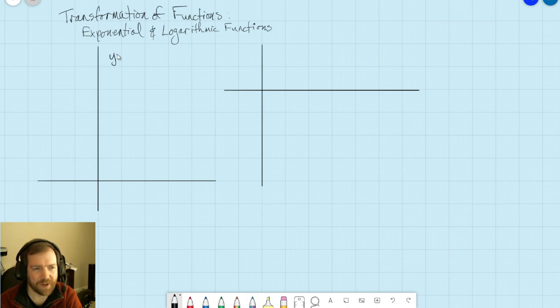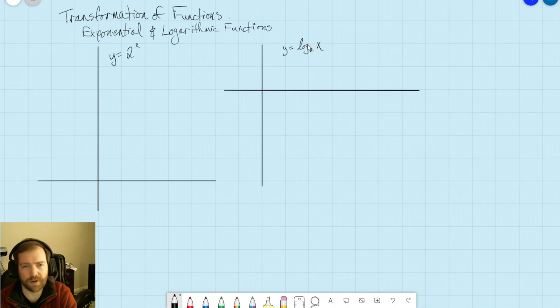When we look at something like y equals 2 to the x, which is going to be our parent function for exponentials, or y equals log base 2 of x, which is our parent function for logarithmic functions, pretty much the most basic. What we're looking at here is that there's some sort of scheme that's going to always be the same for this type of function, no matter what you do to it.